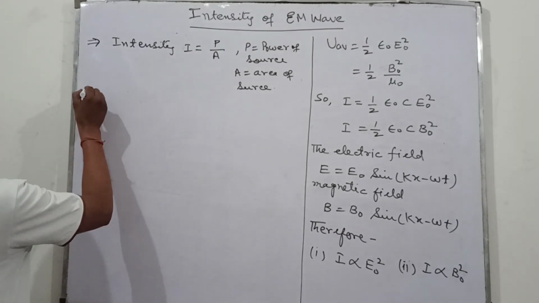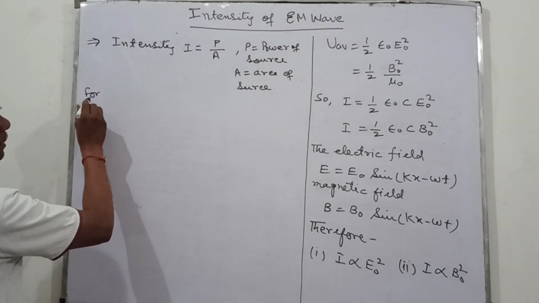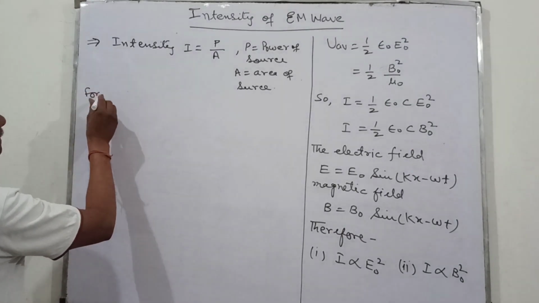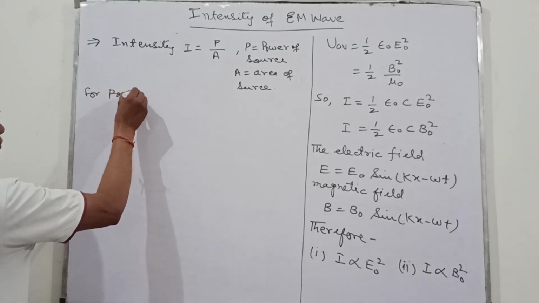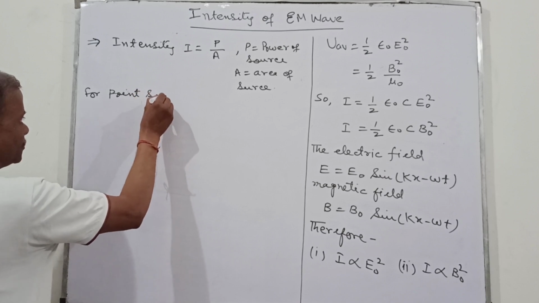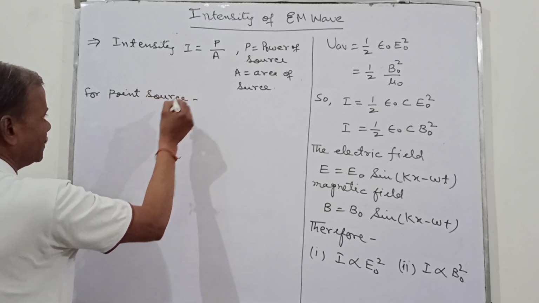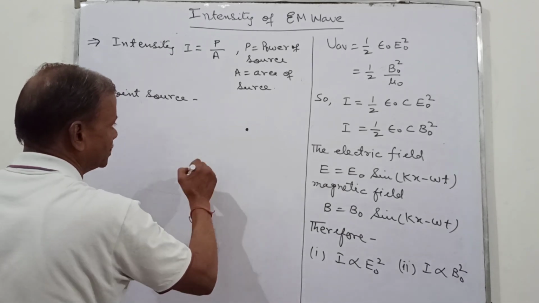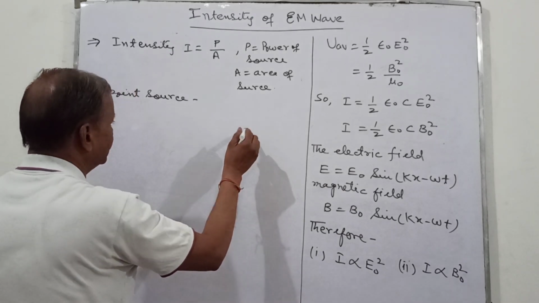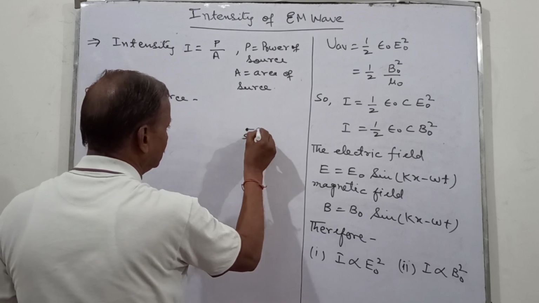So now for point source, what we have, that if suppose this is now your point source, this is now S, then the wave will propagate in all directions.